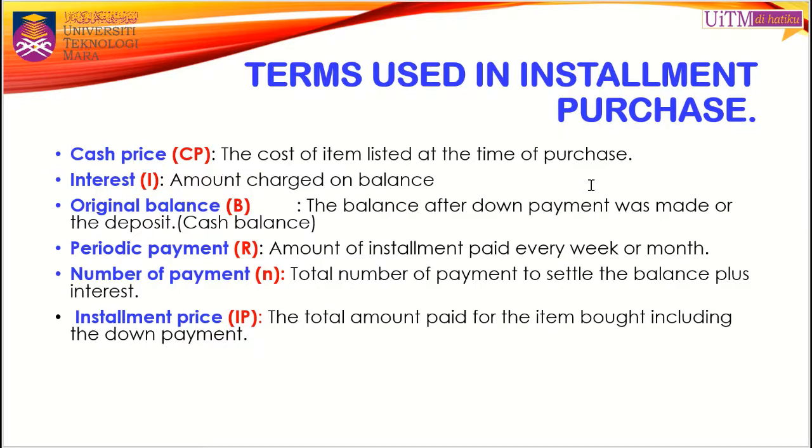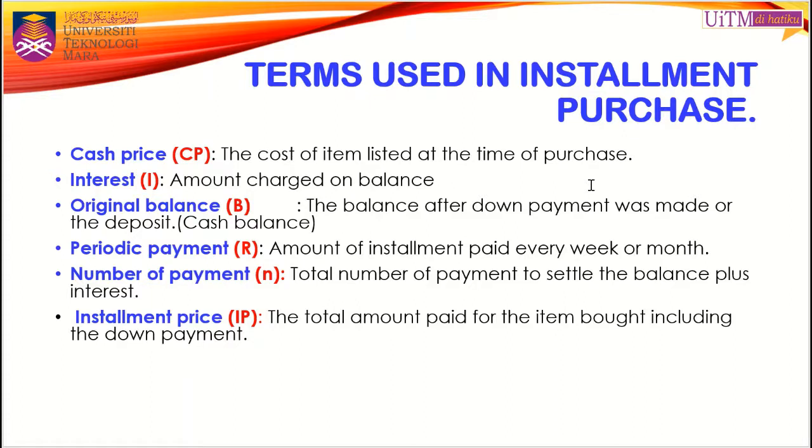denoted as the capital letter R. The next one that we have is the number of payments, or small letter n. This is similar to what you have done previously in the topic of annuity. This is simply the total number of payments to settle the balance plus the interest.